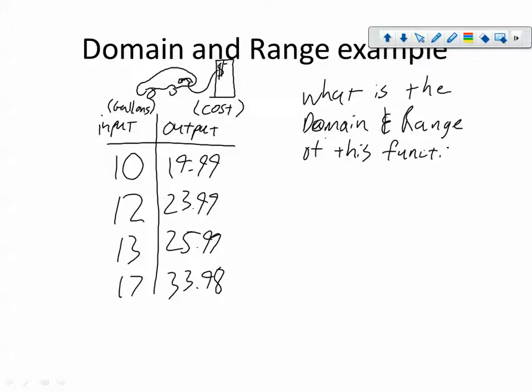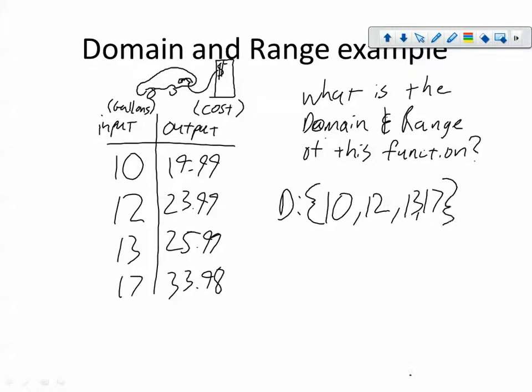Well, the domain is all of our inputs. If I wanted to make a list of the domain, I'm going to write all these numbers out using this funny looking bracket. The funny looking bracket just tells us that this is a set. This is a set of numbers, and this is my domain: the set of numbers 10, 12, 13, 17.